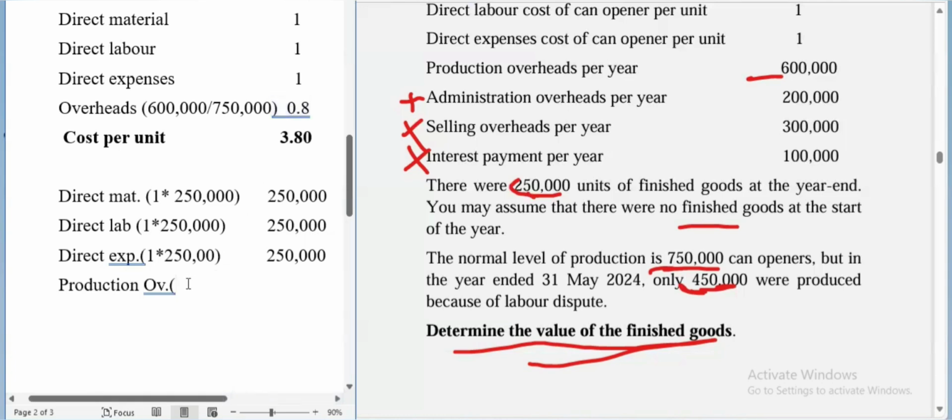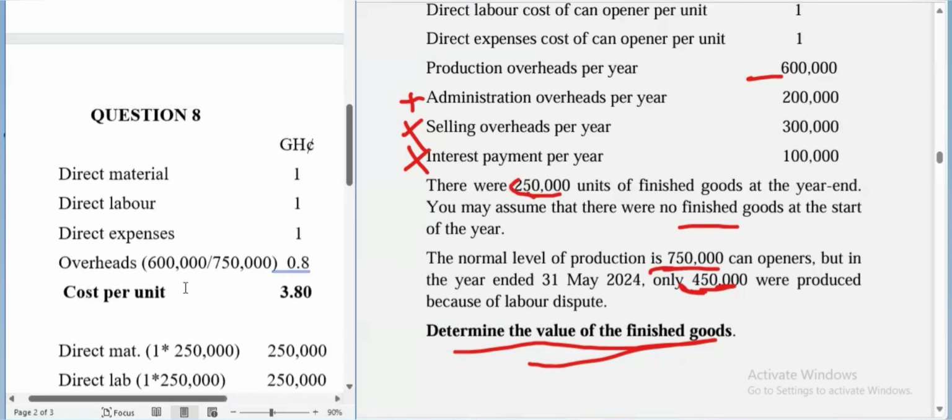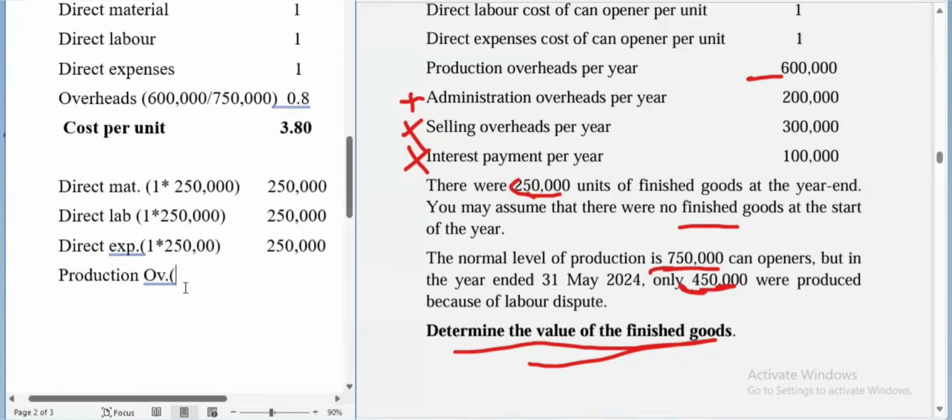Are you getting it? Because overhead per unit is 0.8. Or you can pick your 600,000 divided by 750 times 250. It's the same thing. So let's use 0.8 times 250, and that will give you 200,000, if I'm right.